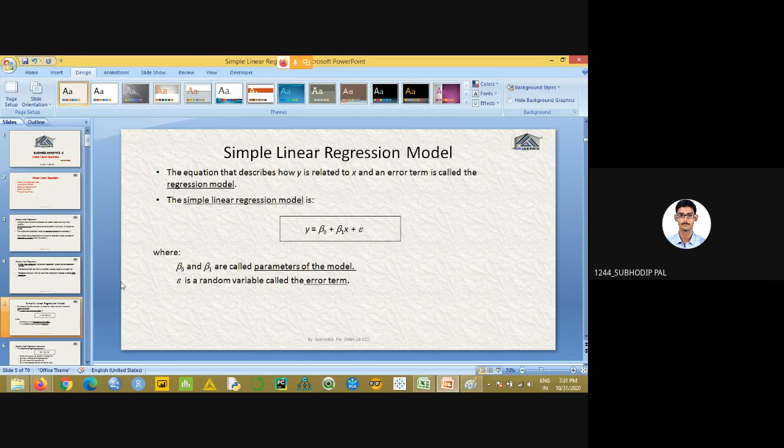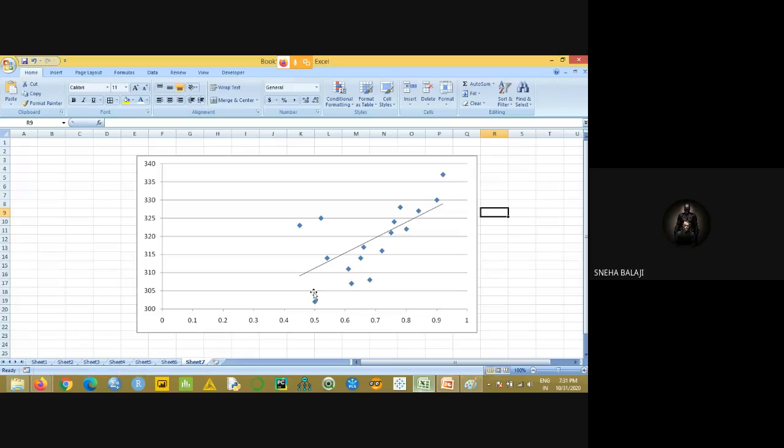Scatter plot is the important term in regression model. Simple linear regression. If you want to get the regression equation, the simplest way is that you plot the scatter plot. I want to check the relation between this.